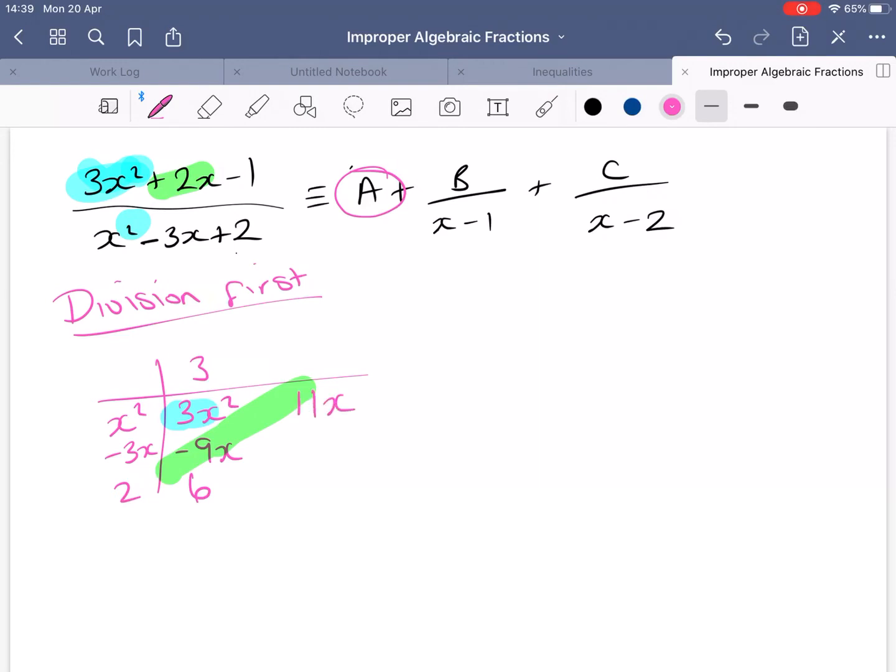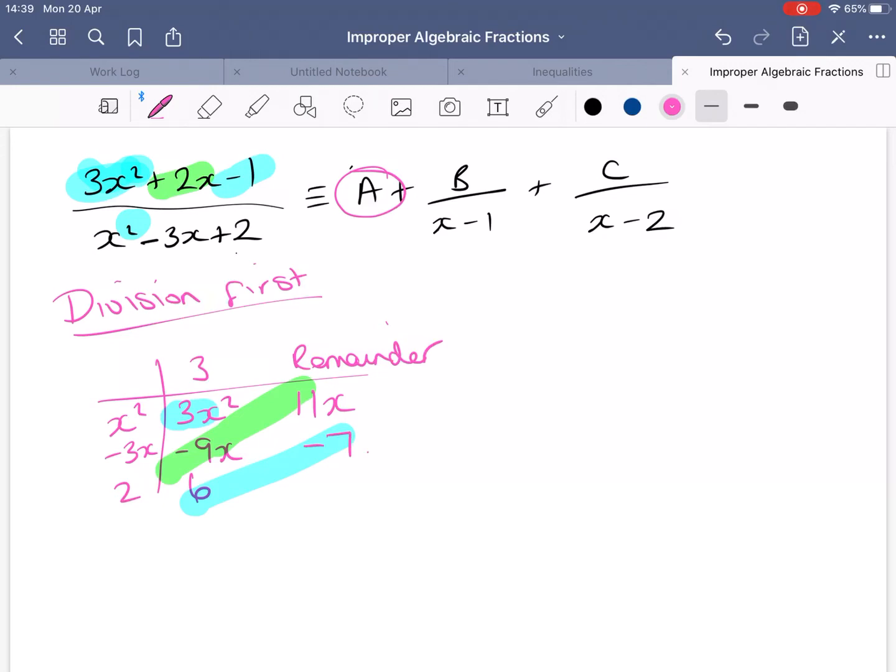And this is where you know this must be the remainder part, because nothing in this situation multiplied by x squared can make 11x, because we can only have positive powers of x at this point. Okay, and I look at my final bit. I need my 6 and the number in my remainder to make minus 1, so that must be minus 7.